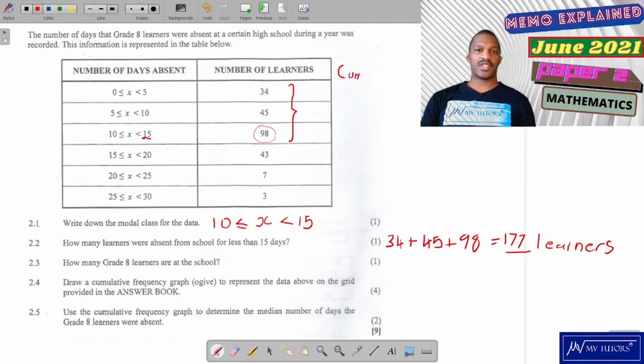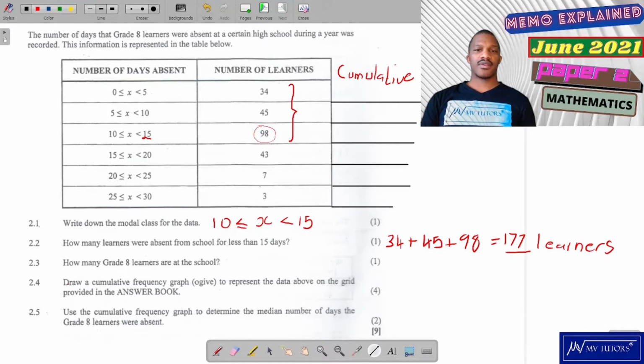Cumulative. Let me complete some lines to distinguish. That one goes with that, that one goes with that. It's really untidy, but we'll get back to it.